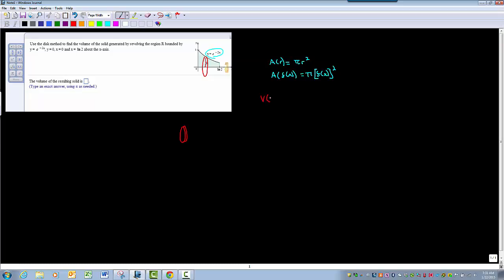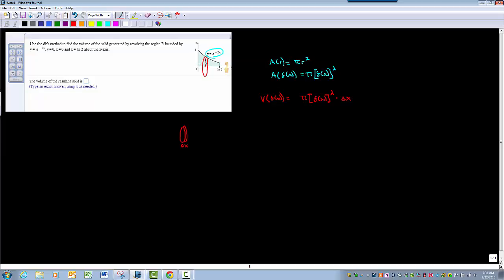The volume is going to be equal to the area multiplied by its width. So the area is this, and we'll multiply it by its width, which we'll call delta x, just a little bit of x this way.